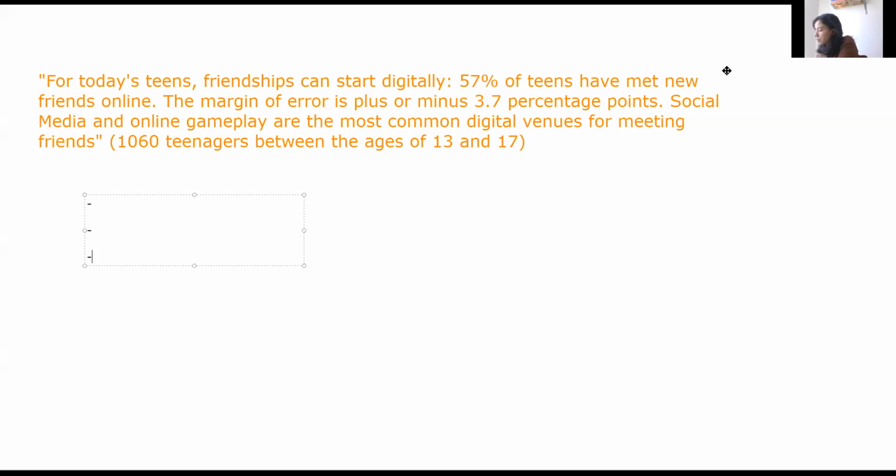Now, while we were discussing this, we ended up with three conclusions about the statements that we had over here. The first thing that we said is that 57% was just an approximation, right? This didn't mean that necessarily in North America or in the US or in Canada, exactly 57% of teenagers met people online, but that approximately this value should be true.